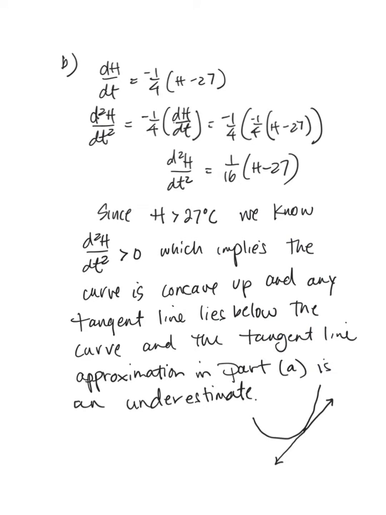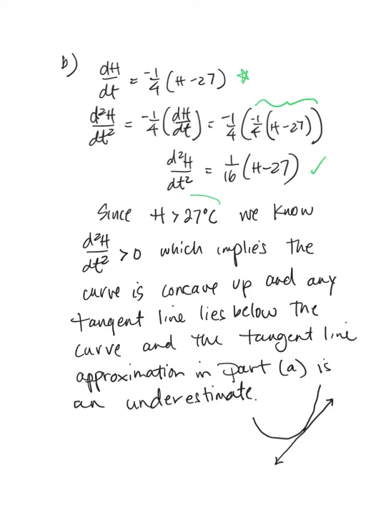Part B of this problem is to use the second derivative and to determine whether your answer in part A is an under or an overestimate. Taking the second derivative of our given dh dt gives us negative 1/4 times the derivative of h with respect to t. I'm going to plug in the original differential equation into our second derivative and then clean it up just a little bit.